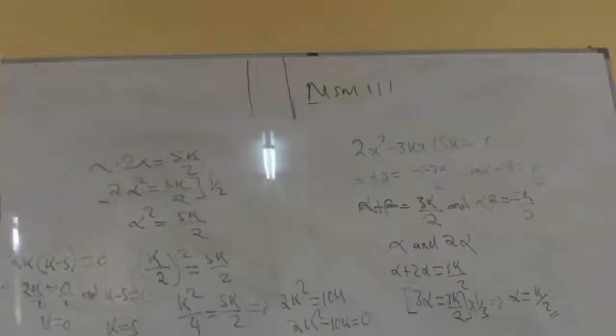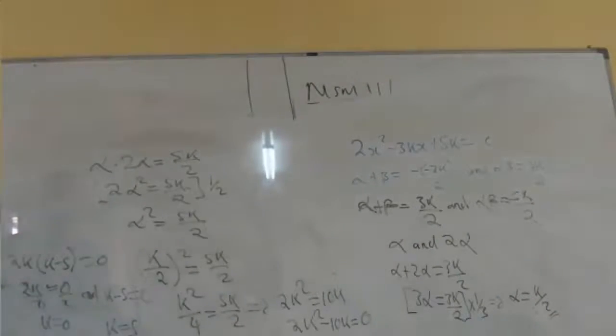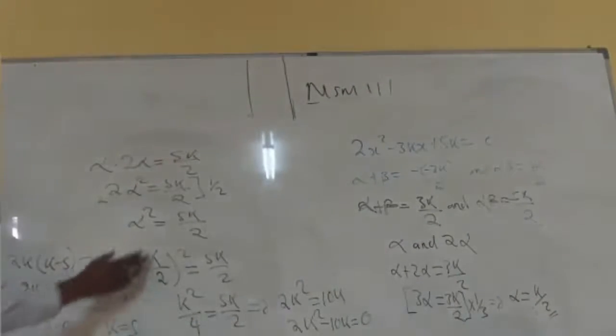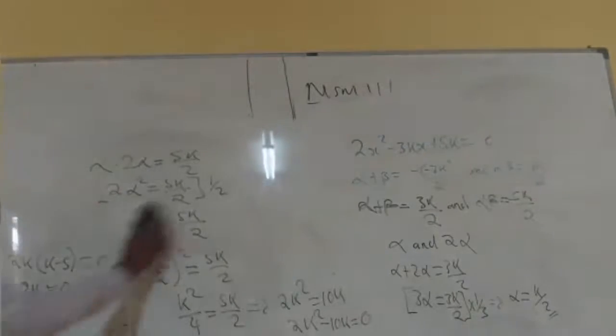So what we're looking for is not ending at k, we want to know what the roots are. So for when k is 0, what happens? I'll use the one which we have for alpha. It's equal to k over 2.